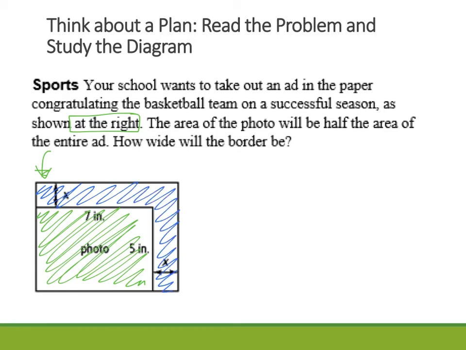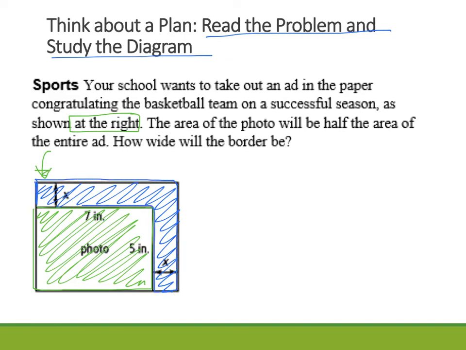Okay, so in the first section of thinking about this problem, we're asked to just read the problem and study the diagram and make sure that we understand it. So hopefully you see that we have a photo, and that photo is being surrounded by a border, but the border is only on the top portion of the photo and the side portion.